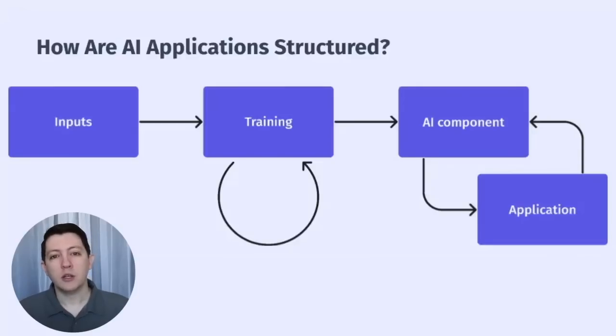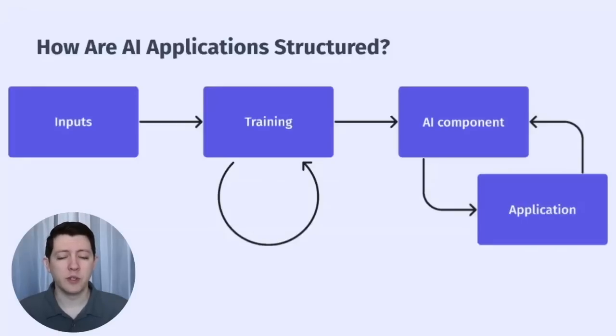Inputs here include data, pre-processing, feature engineering, anything that we might have as an input into the training process. Sometimes these are internal or external dependencies, and we'll get to those in just a moment. The training step includes the actual training itself, model evaluation, validation, anything that we need to do as part of that training step. And I put a circle here because we repeat that training step often, and we probably repeat it several times before we have our first working model.